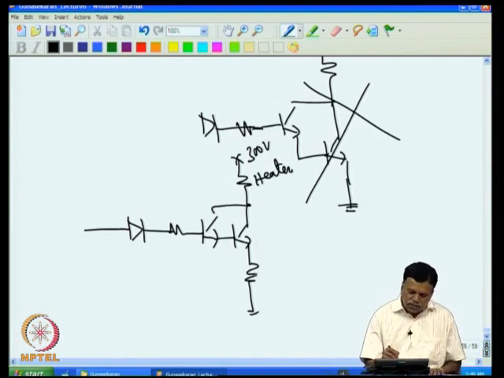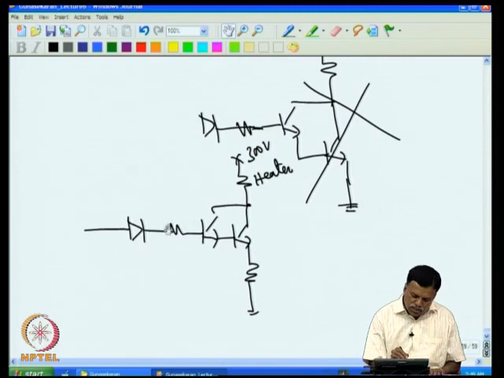In this circuit we had used this resistance. Assume this base current is negligible. If the base current is negligible, then I can assume there is no voltage drop here.